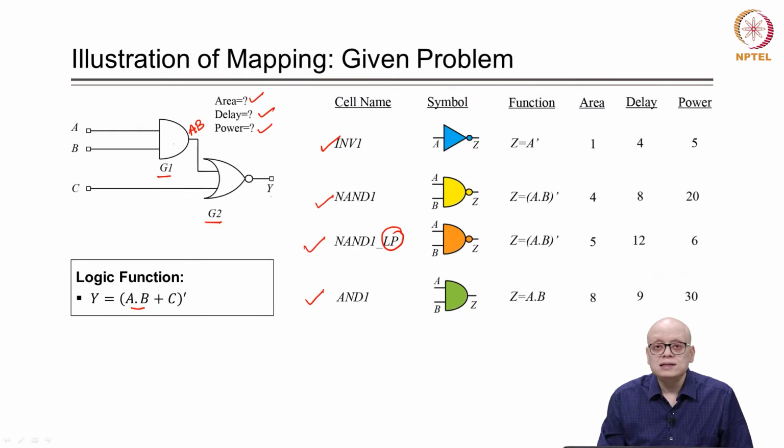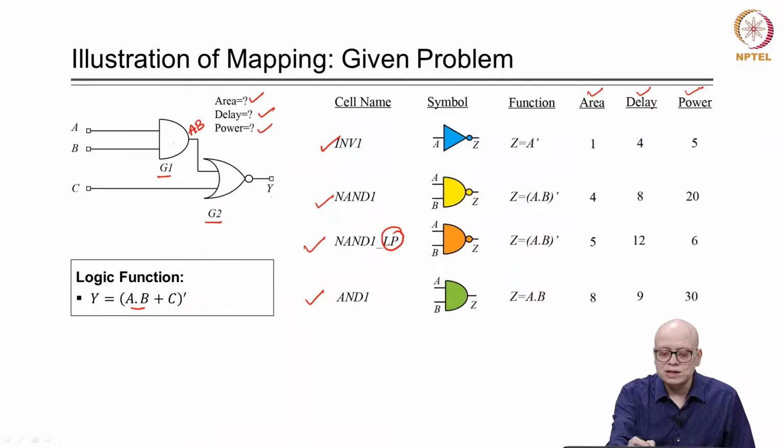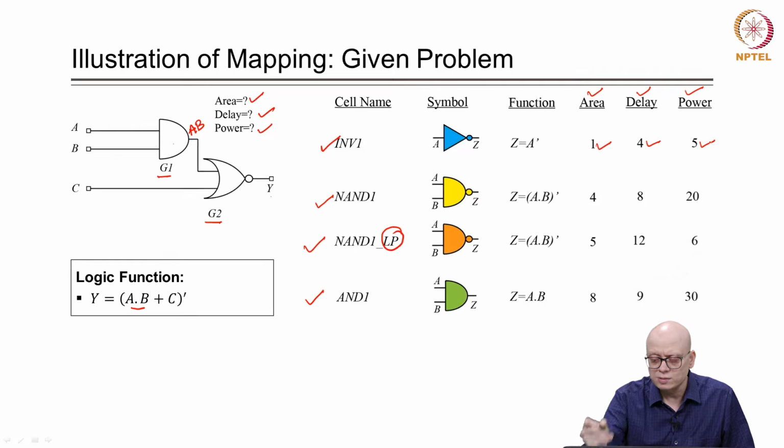Now, for these logic standard cells in the libraries, the PPA measures are known, right. For example, the area, the delay and power numbers will be specified in the technology library, in the format that we have discussed earlier, right. So, let us assume that these numbers are given, for example, for the inverter the area is 1 in some unit, and delay is 4 in some arbitrary unit, and power is again 5 in some arbitrary unit, right.